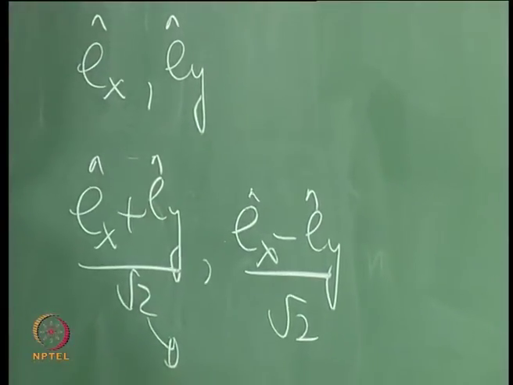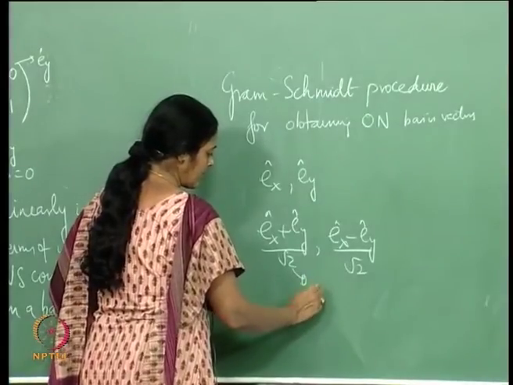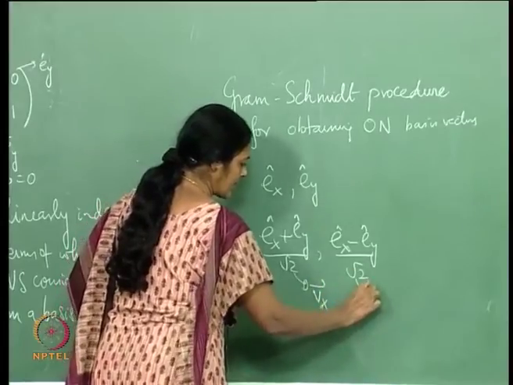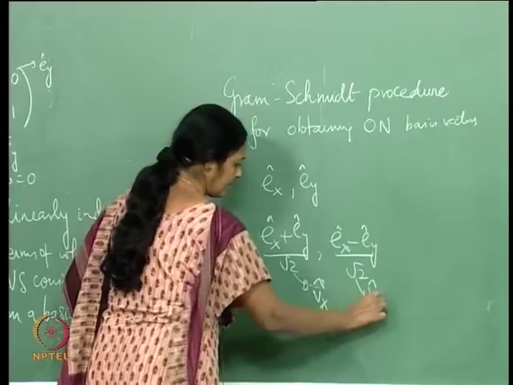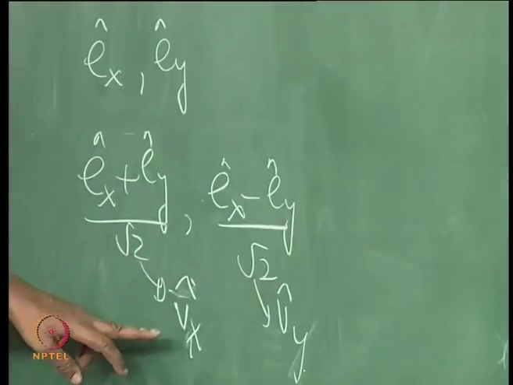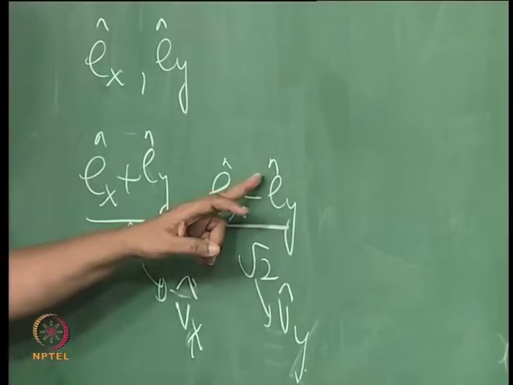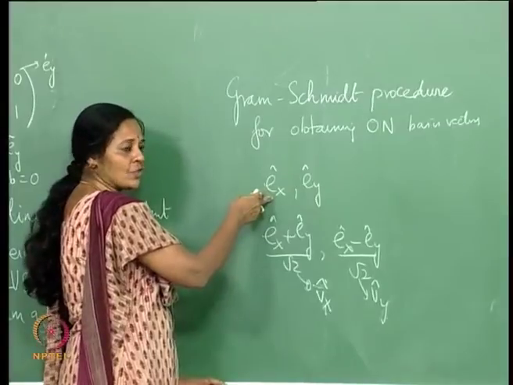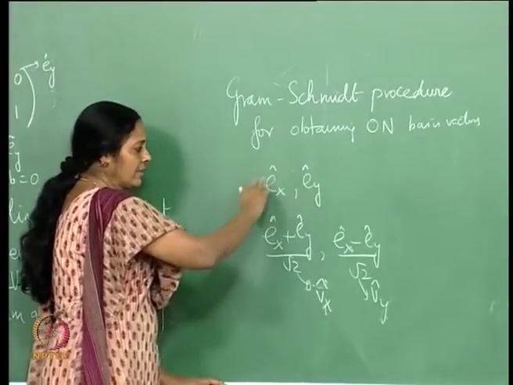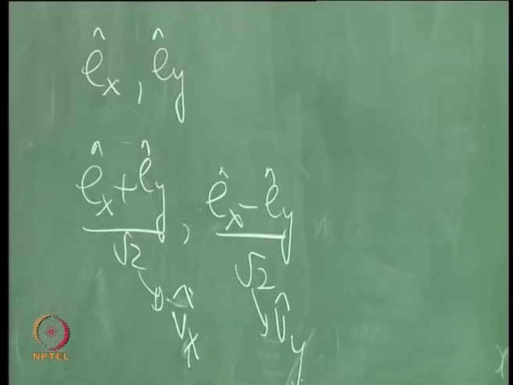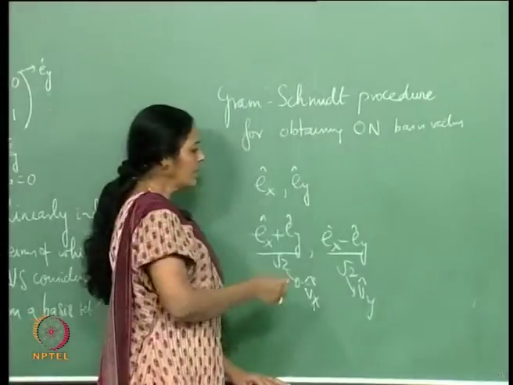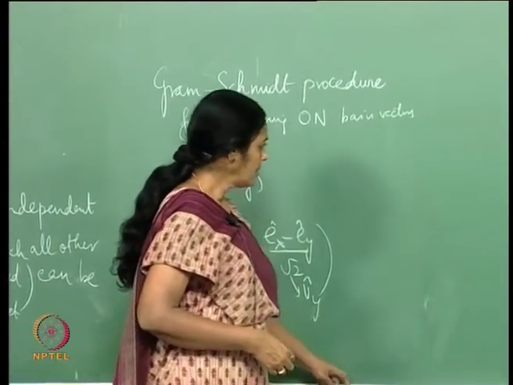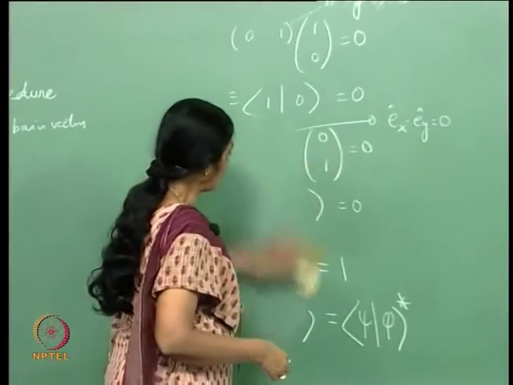I can call these vectors little vx and little vy. You can check that vx is normalized to 1 and vy is normalized to 1, and that they are orthogonal to each other. It follows from the fact that Ex is normalized to 1, so is Ey, and Ex dot Ey is 0. So, I can have several basis sets and I should be able to go from one basis set to another basis set. So, let us see how exactly this could happen.